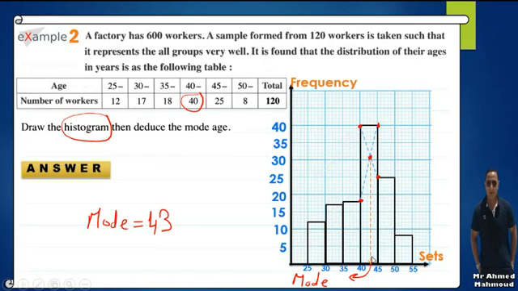Then I'm going to choose the maximum rectangle and connect the points here, this to this and this to this, to make a cross like this. At the intersection point, I will draw a line down like this. The intersection of this line with the x-axis gives me the mode of this distribution, which is 43.